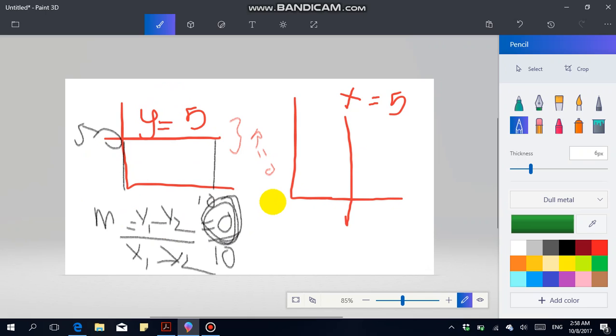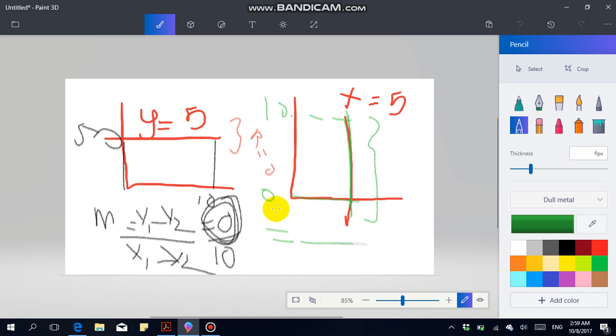Now in the second case, if you remember again, your line is x is equal to 5. So in this case, because there is no change in x, there is a change in y. So your y changes from, let's say, 10 to 0.